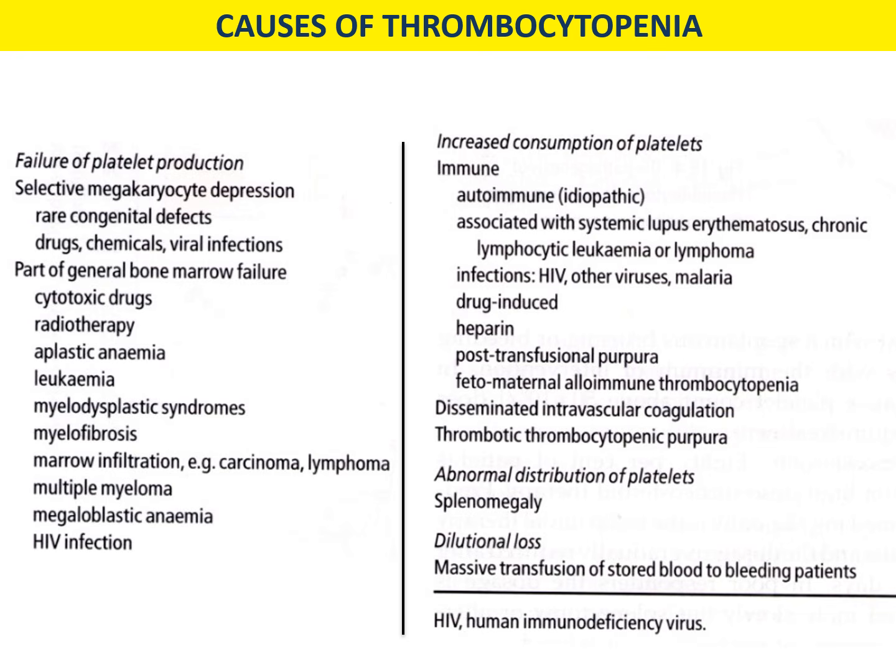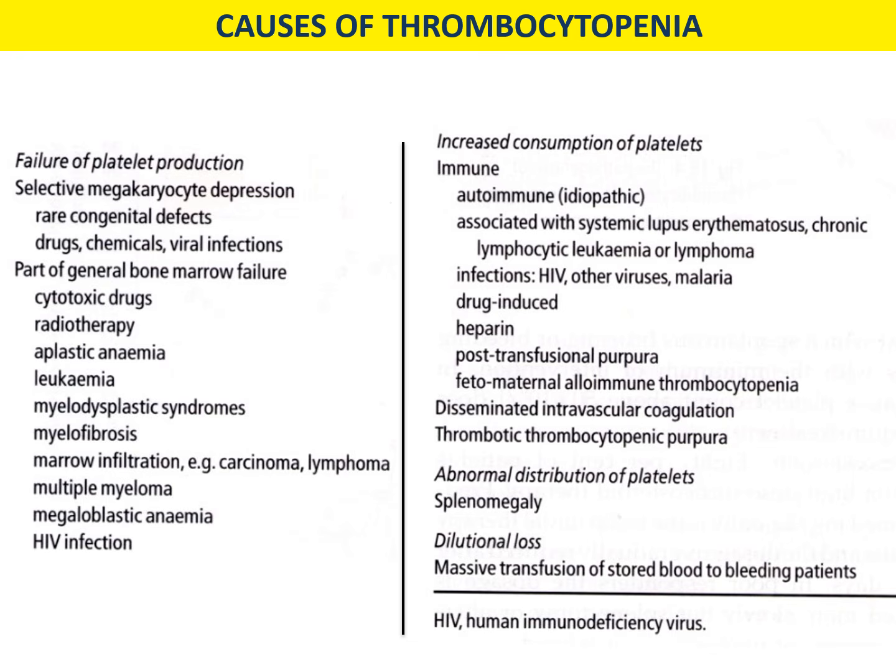That could also be related to certain autoimmune disorders like systemic lupus erythematosus, and certain disorders like chronic lymphocytic leukemias and lymphomas. Infections also can result in an immune-related phenomenon that ultimately results in low platelets.